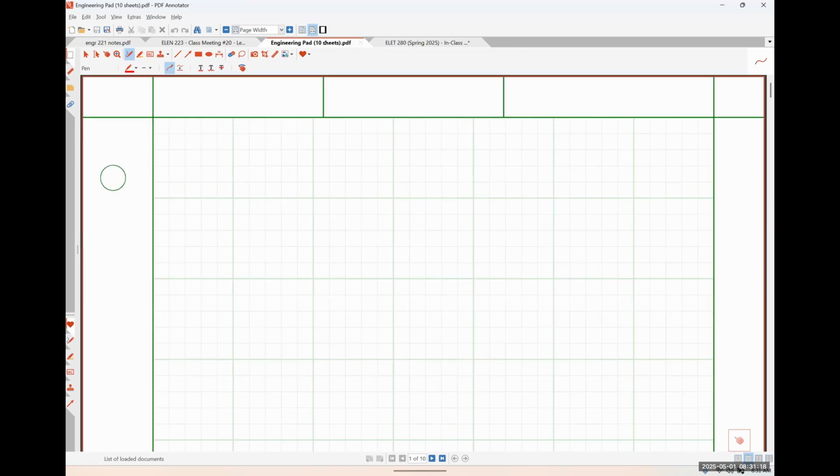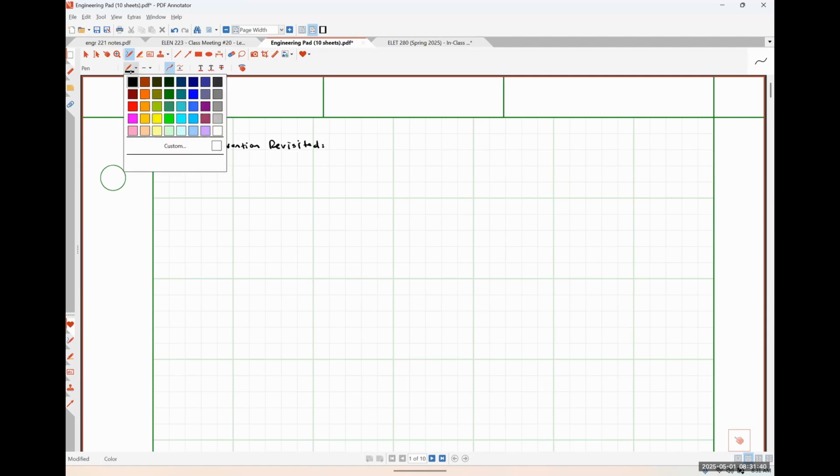Let's call this dot convention revisited. So I'm going to try to draw a picture here. So bear with my artistic ineptitude.